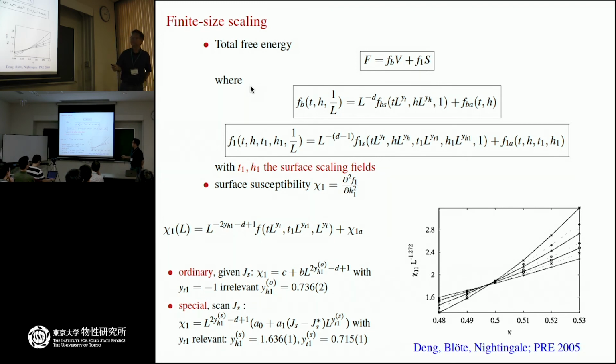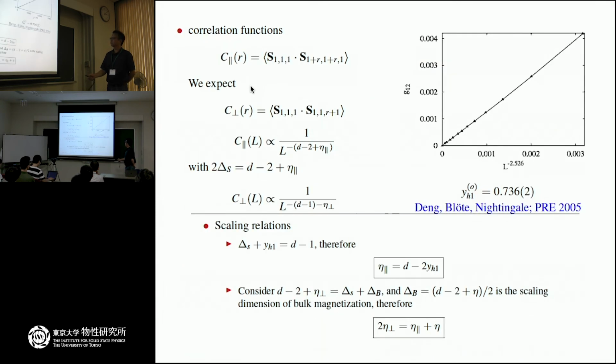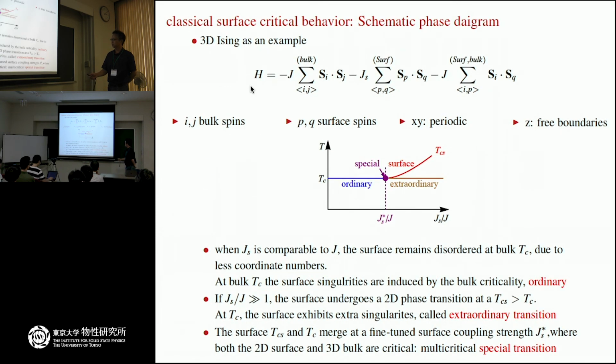But Wenan, can you tell us what the universality classes are? In the bulk it's the 3D Ising model. But if you measure correlation functions on the surface, I will come to this. Here you have the ordinary universality class, here an extraordinary one, and a special one.